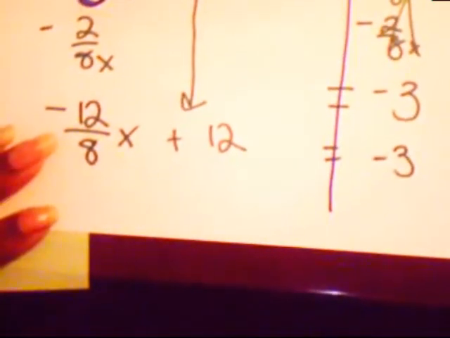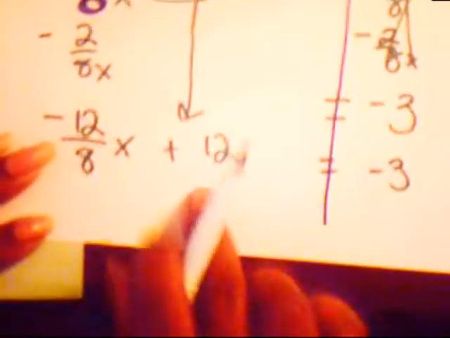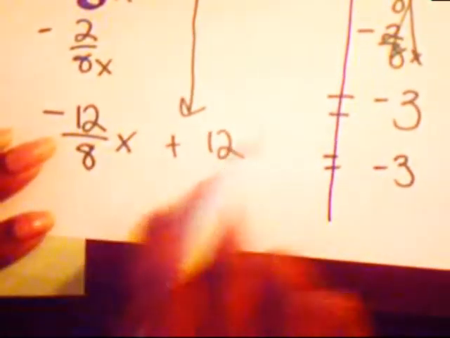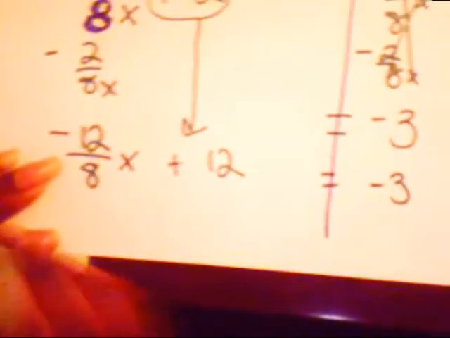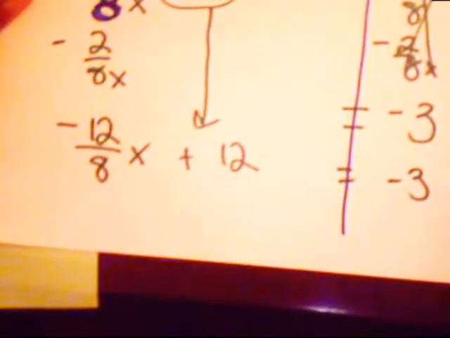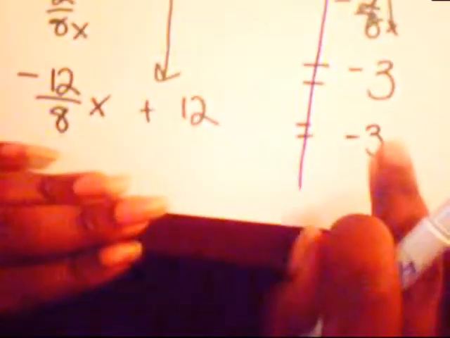Okay? Get to this point, guys, you should recognize this as a two-step equation. Remember that when you have a two-step equation, you always get rid of the number that's on the same side as the variable, but that is the furthest away. And we talked about up here in this step that we wanted all the x's on this side, which we accomplished. And now we want all the numbers on this side.